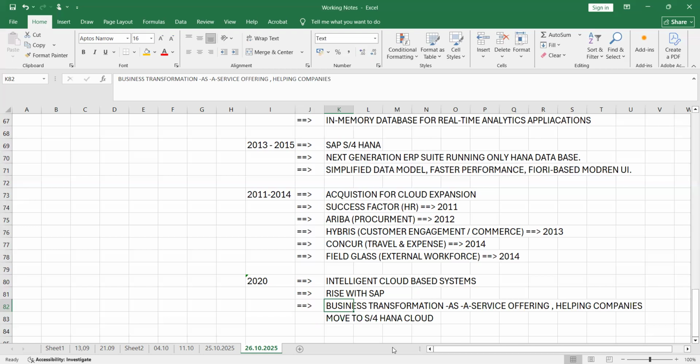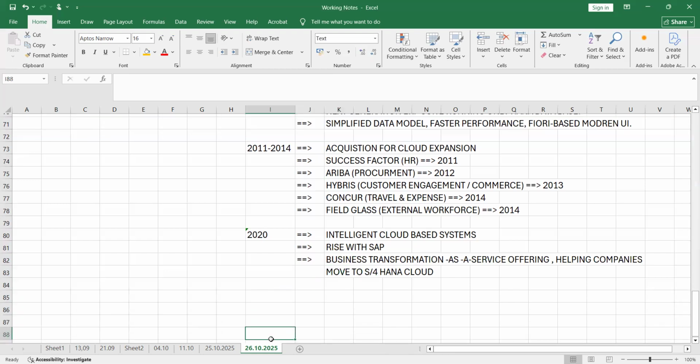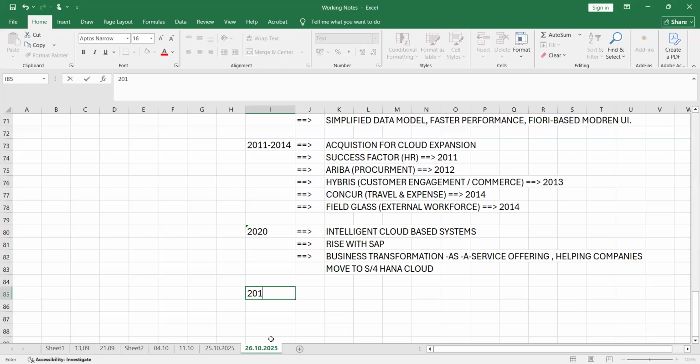Next one, in the year 2021, SAP S4HANA. Earlier it was only cloud. They came up with a concept called S4HANA Cloud, with public and private editions, which we will discuss in our project sessions.